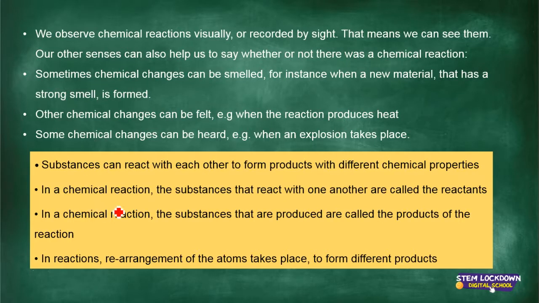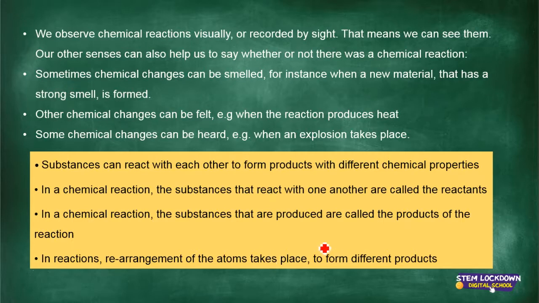Okay, now in a chemical reaction, the substances that react with one another are called reactants. So when two substances react together, they are called reactants. For example, when hydrogen and oxygen react with each other, they are called the reactants. So it's separate first. You have the hydrogen atoms and you have the oxygen atoms, two separate. I'll show it to you in my next slide, but these are called the reactants.